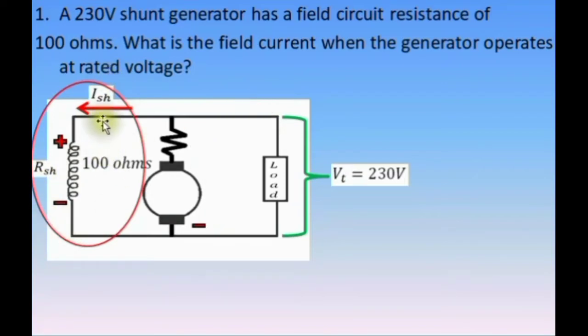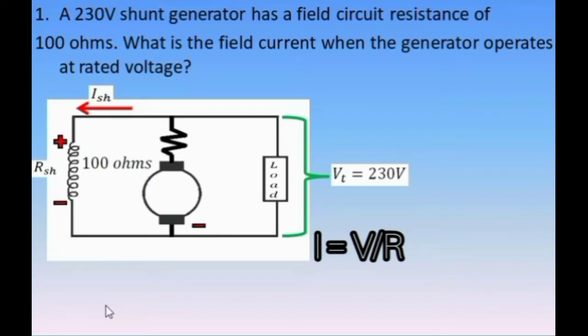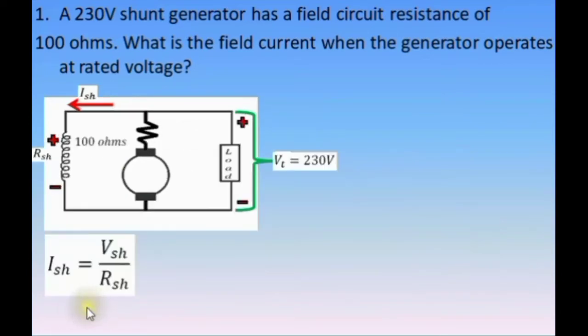To determine the value of the shunt field current using Ohm's law, current equals voltage over resistance. For this problem, we have shunt field current equals the voltage across the shunt field circuit, divided by the shunt field resistance. Take note that this is a shunt generator, therefore VSH equals the terminal voltage.